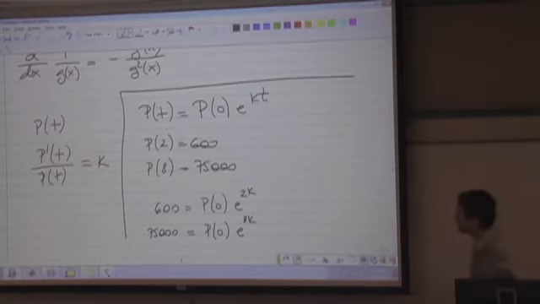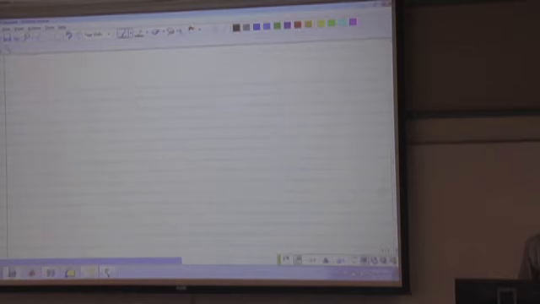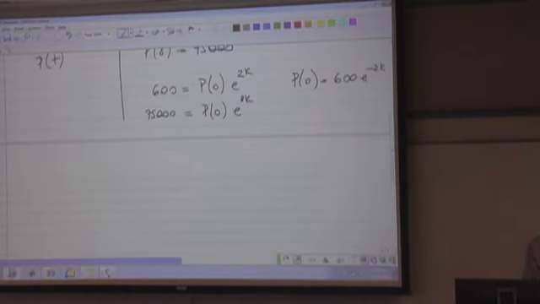You can solve for P0 and put it in the other equation. That would be one way, right? If you solve for P of 0, that's just going to be 600 e to the minus 2k, right? And so from here, 75,000 is equal to 600 e to the minus 2k times e to the 8k.